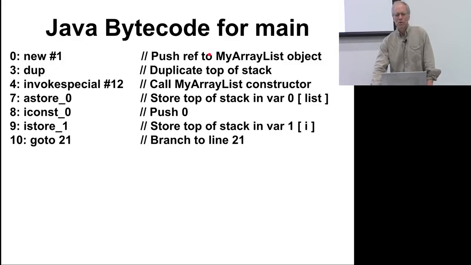I've added these comments over here. So really this is the bytecode. And this number here, you can think of it as a line number, but it's really the byte number. So this first instruction, new number 1, actually takes up 3 bytes: byte 0, 1, and 2. And how many bytes does the instruction that starts at byte 3 take?